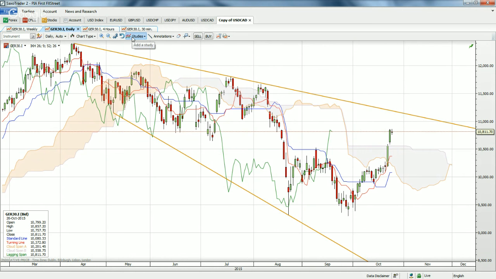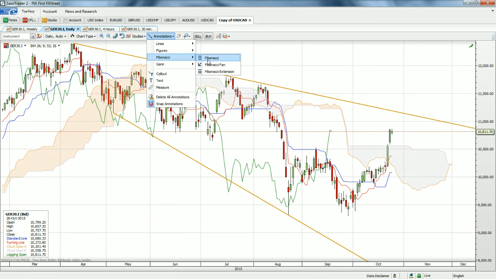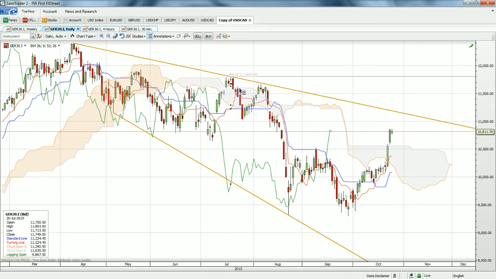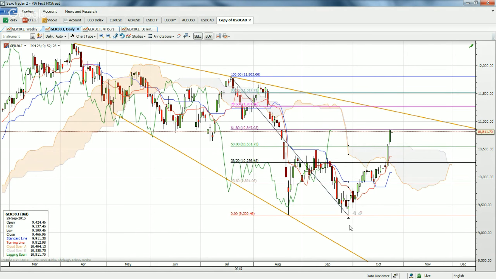Talking about the confluence area again, which we said we'd discuss earlier on. We've got a 61.8% extension level coming in here, but I think this is far more important.